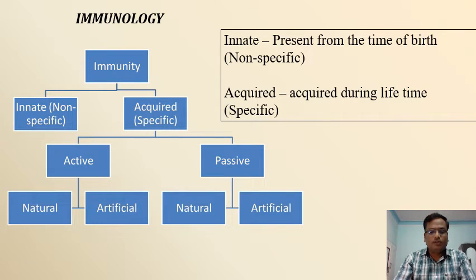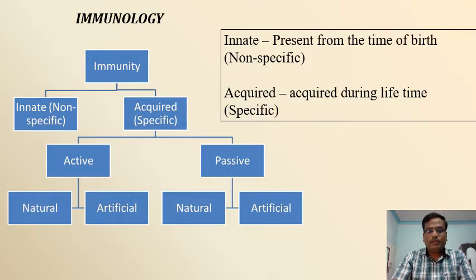Whereas the immunity which is developed due to the vaccines: vaccines are given to develop immunity against future infections. Actually, vaccines are not the real infection. Therefore, it is called artificial. So the immunity which is developed due to the vaccines is an example of artificial active acquired immunity.